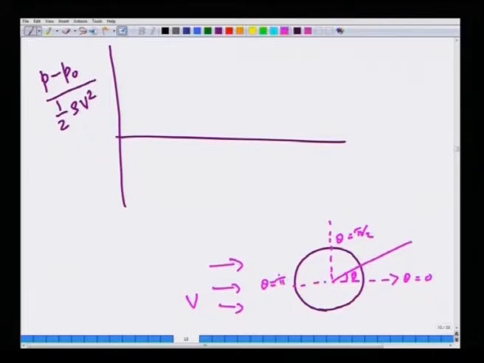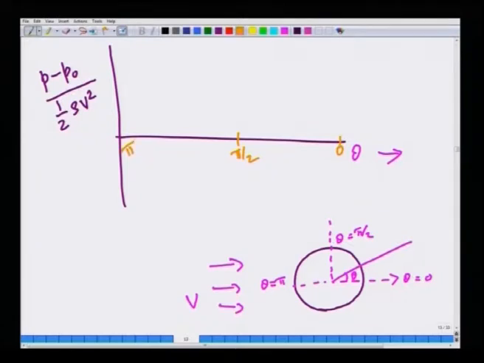I am plotting here pressure as a function of theta. I will plot two curves: what is predicted by the potential flow theory, and what is observed. So, theta is 0, theta is pi by 2, theta is pi.